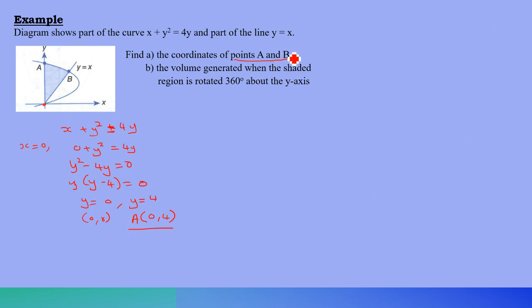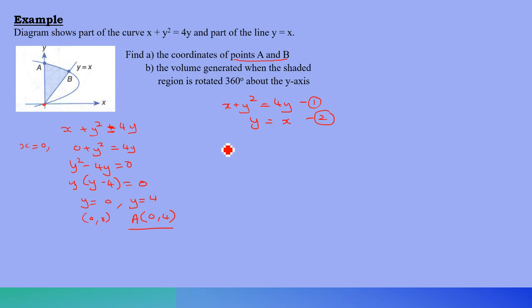How about B? B is the point where your curve and your straight line intersect. So what we do is solve simultaneous equations. You have x plus y squared equals 4y, equation 1, and y equals x, we call it equation 2. Replace your x with y, so put 2 into 1, easier for you to solve.